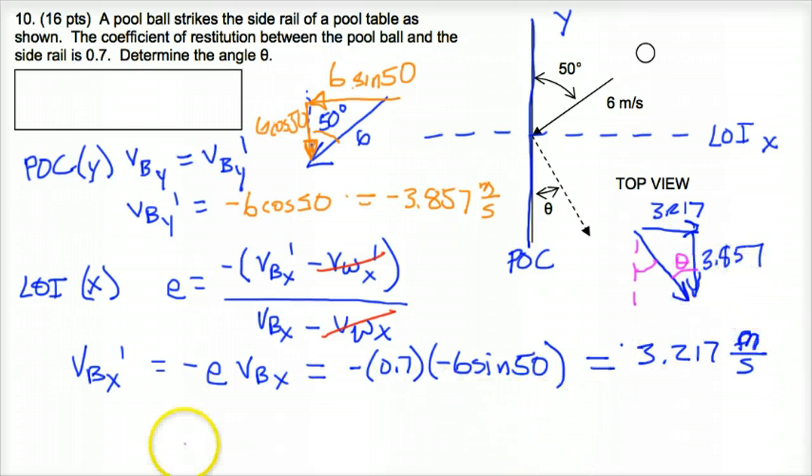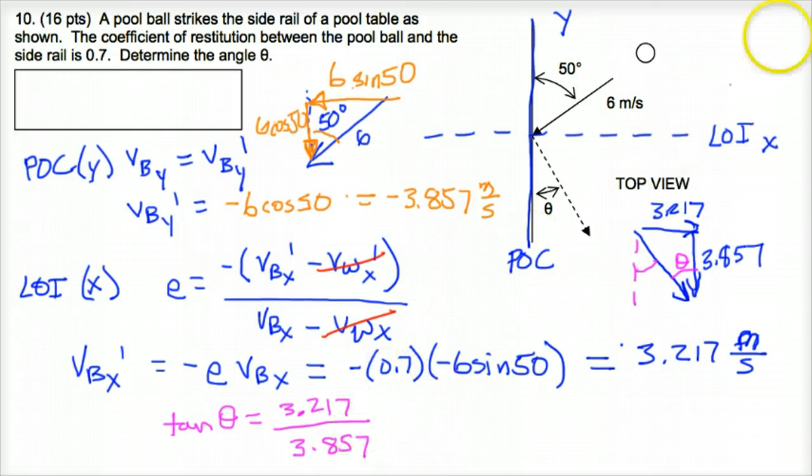Okay, so the tangent of theta is equal to 3.217, which is my x, over 3.857.